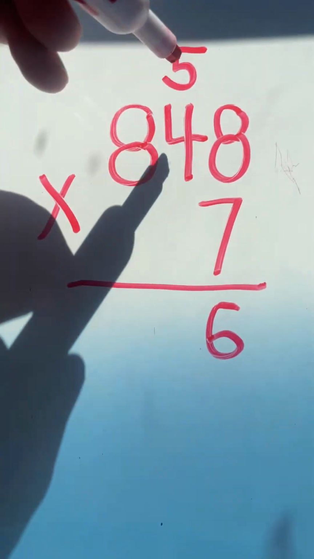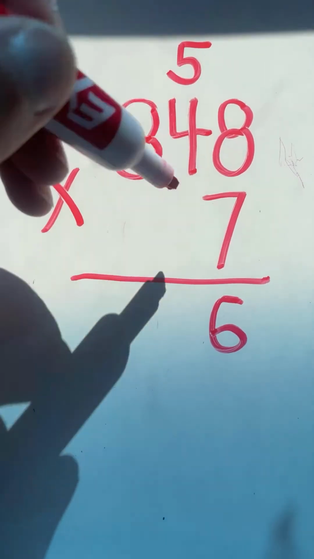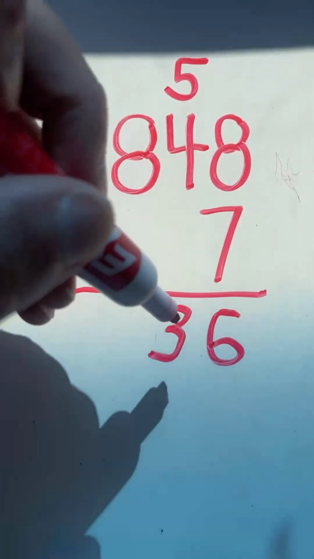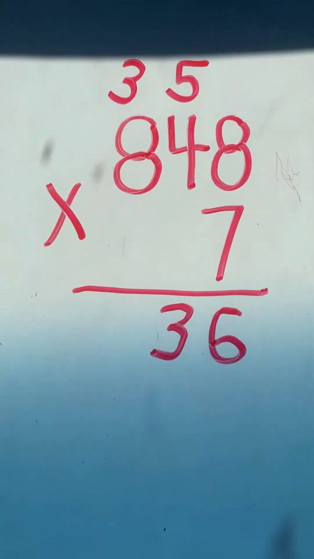We have to add the 5 that we carried over. 28 plus 5 equals 33. The first 3 in 33 goes in the tens place. The next 3 in 33 gets carried over to the hundreds place.